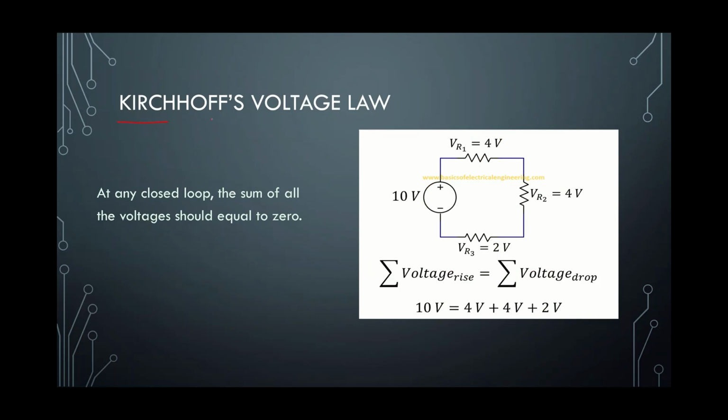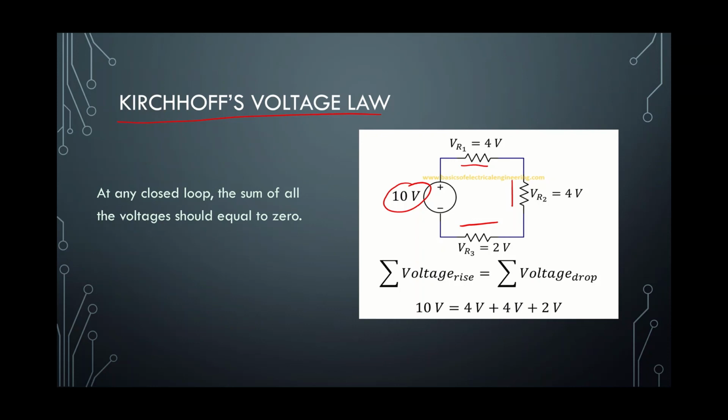Now, what is the Kirchhoff voltage law? The Kirchhoff voltage law states that in any closed loop, the sum of all the voltages should equal 0. So if we have this circuit, which is a closed loop, the source voltage must equal the sum of the voltage drops.